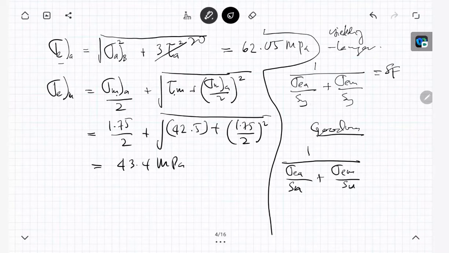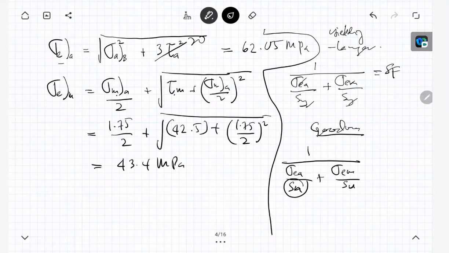So we have yield strength, equivalent alternating stress, equivalent mean stress, and ultimate strength, but we don't have this one. So we need to calculate this one.